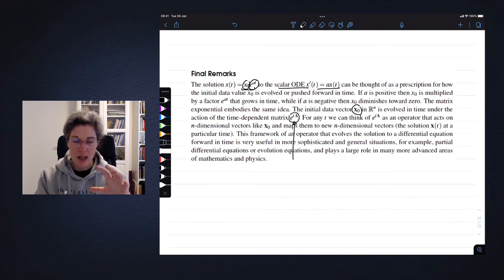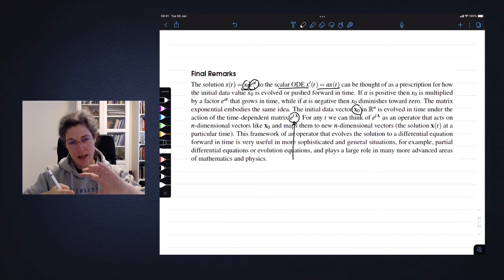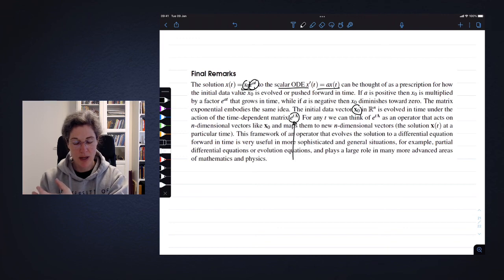This idea that you have some initial state and then some matrix that operates on that initial state and evolves your system in a specific way. So I hope that you'll also take a little bit out of this course, this idea that somehow we can use time-dependent matrices to explain the evolution of dynamical systems in a very general way.